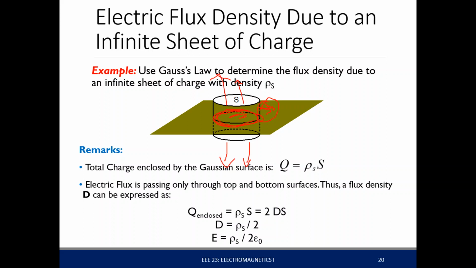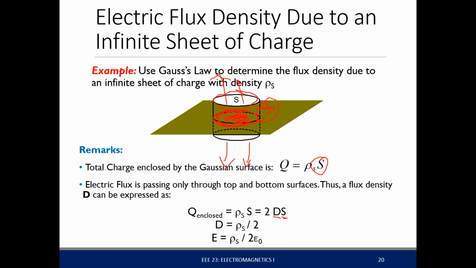So the charge here is equal to the density multiplied by the area, which is, actually, it's not relevant. Let's just call it S. All right. So the total charge enclosed is equal to rho s times S, which is equal to 2 times D. D is the electric flux density times S, which is the total surface area of this part of the surface. Why is it 2 times S?